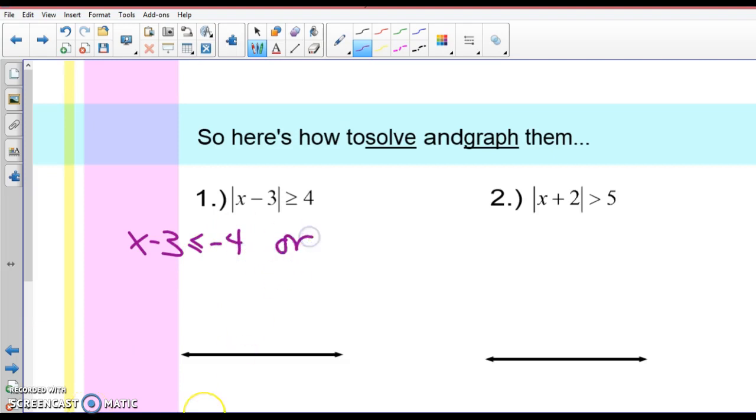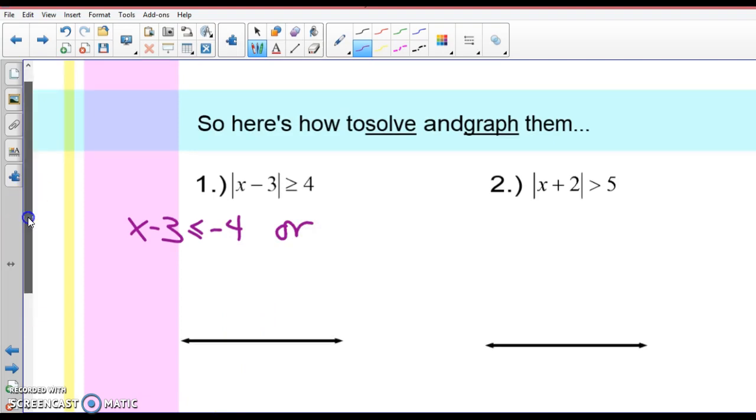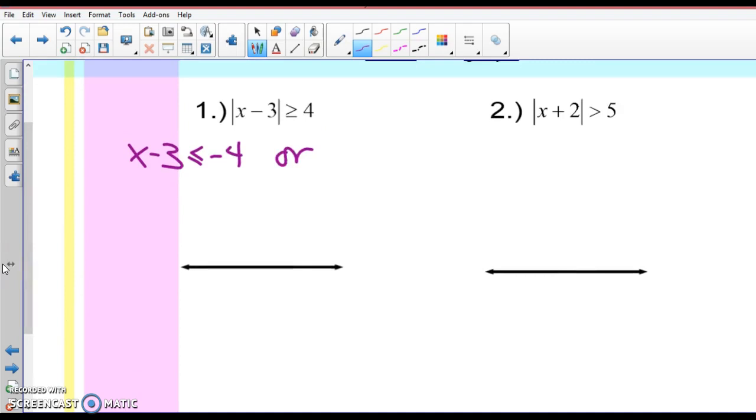Or, what's the top part going to be? How will I rewrite the top part? X minus 3 is greater than or equal to positive 4. Correct. The graph is an or statement.